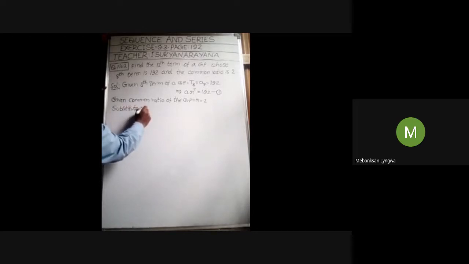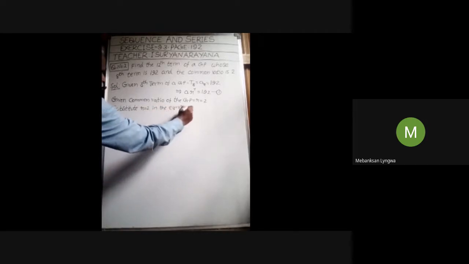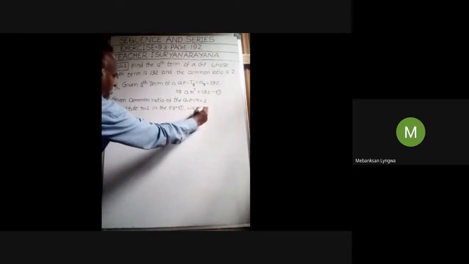Then we get a 2 power 7 is equal to 192. Understood this step, my children?